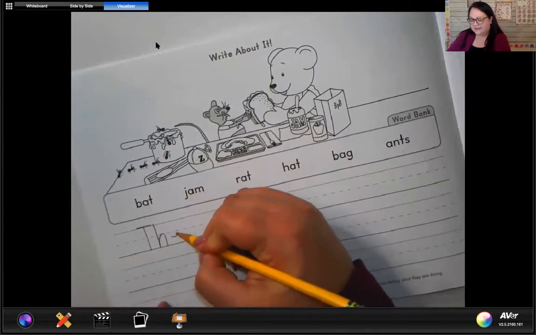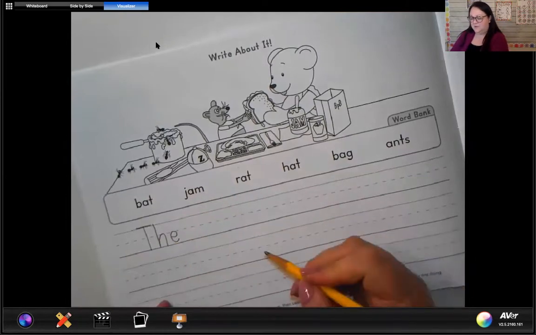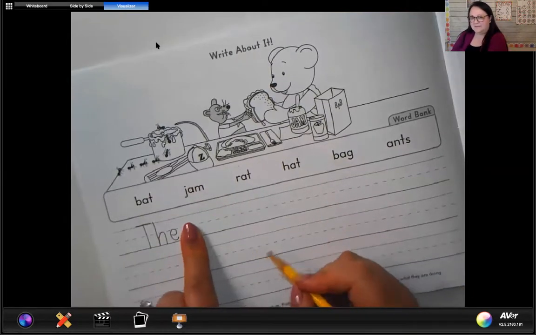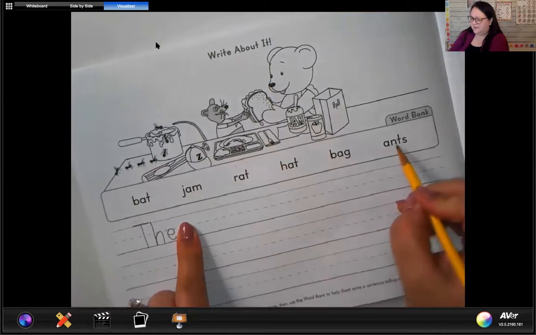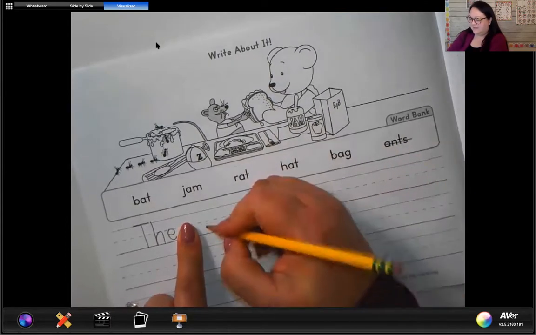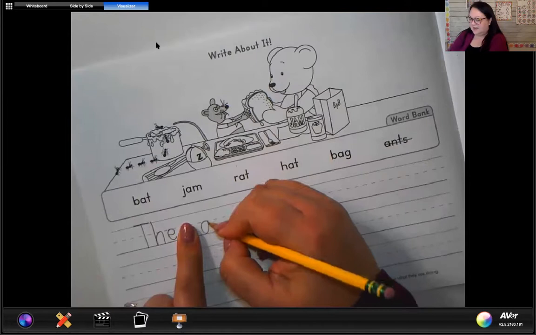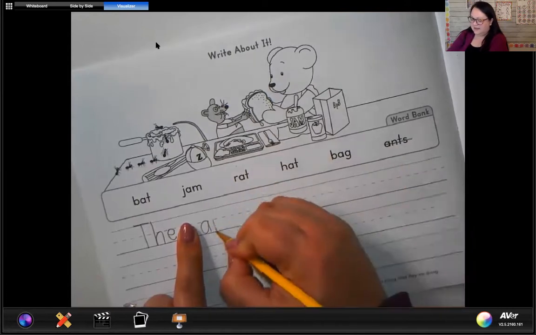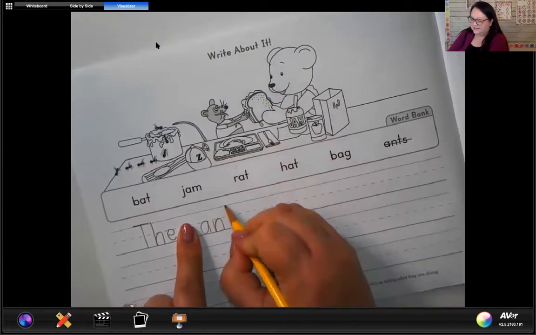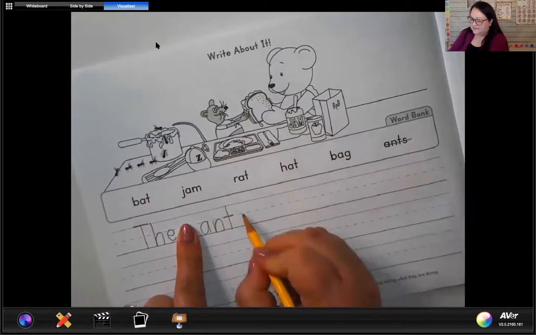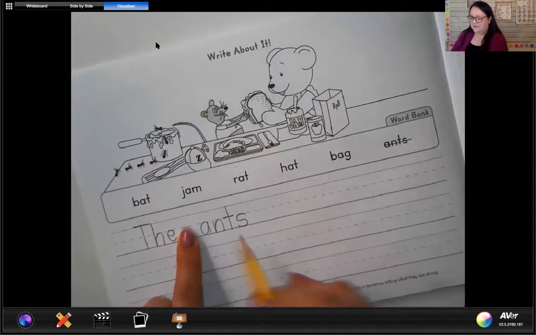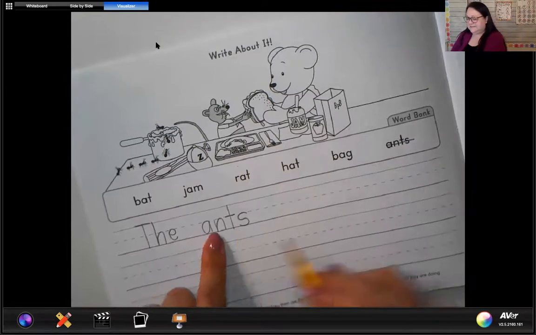T-H-E spells the. Now, before I go any farther, I need to put a finger space. The, and I'm going to use the word ants, so I'm going to cross it out. A-N-T-S. Okay, and we wrote so far, the ants.